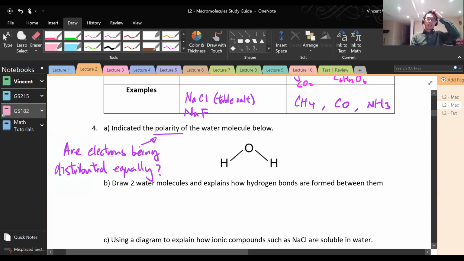If the answer is yes, they are being distributed equally, then the molecule is going to be non-polar. And if the answer is no, the electrons are not being distributed equally, then the molecule is going to be polar. Okay, so we'll learn more about this in chemistry, but let's just look at water.